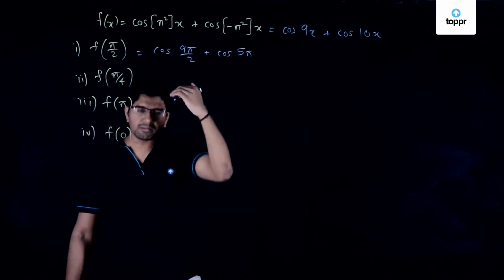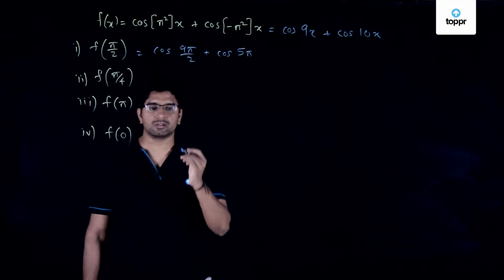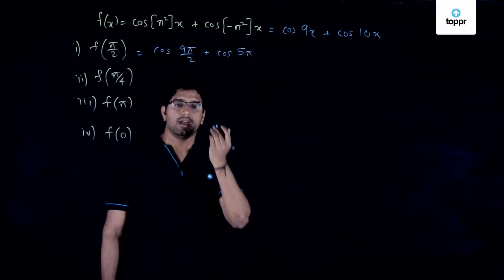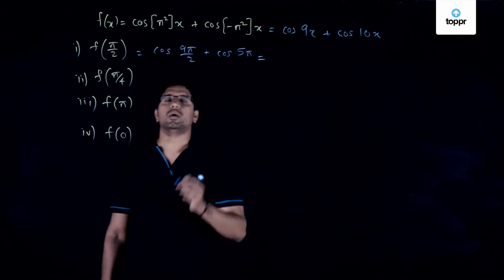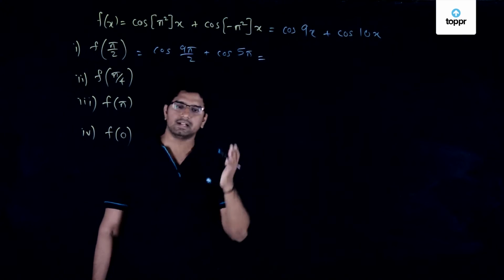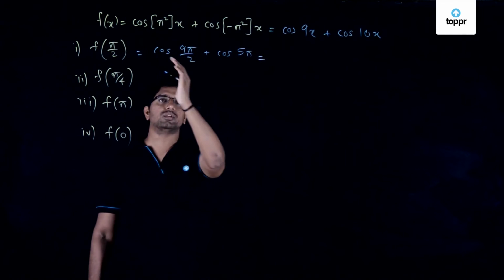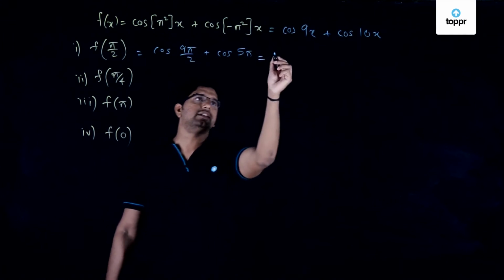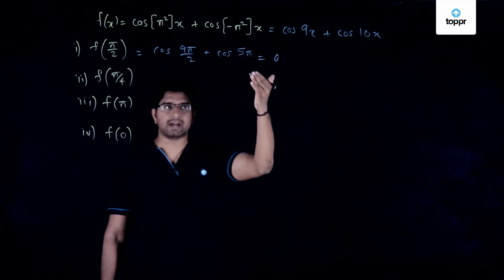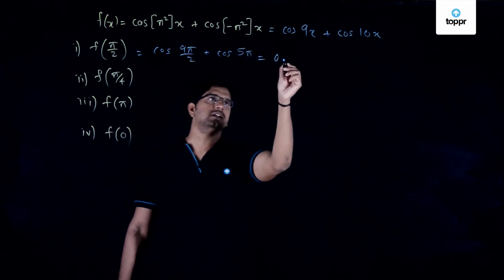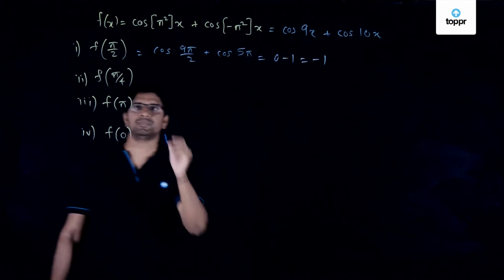Now, the remaining part of the problem just makes use of whether we know the values of cos at certain important angles. So, what is cos 9 pi by 2? We know that for any odd multiple of pi by 2, cosine becomes equal to 0, and therefore, this is 0 plus, for an odd multiple of pi, cosine takes the value minus 1, and therefore, we have minus 1.